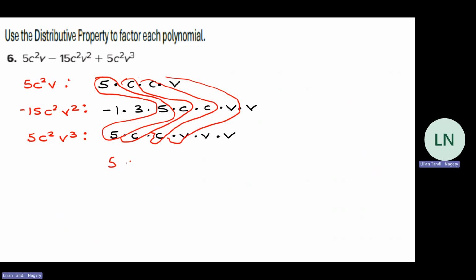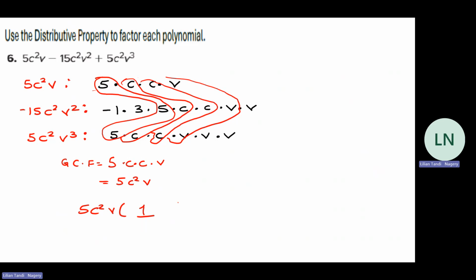So 5cv. Okay? That's our greatest common factor. So that would be 5c squared v. Okay? Now, that goes outside. Let's see who is remaining. Nothing is remaining. If nothing is remaining, you write 1.